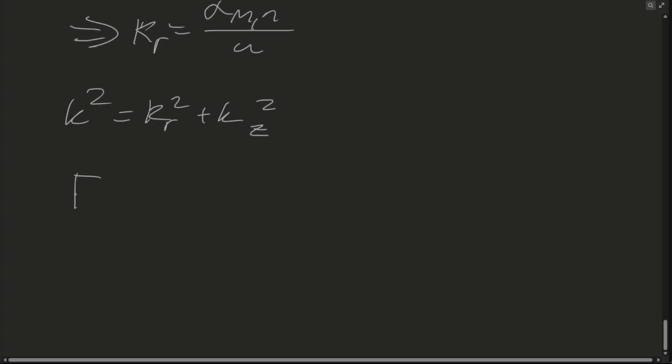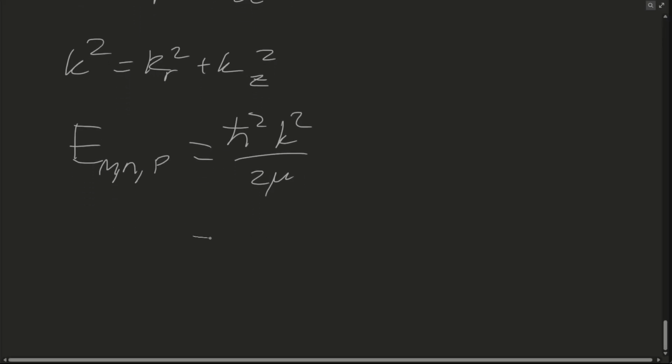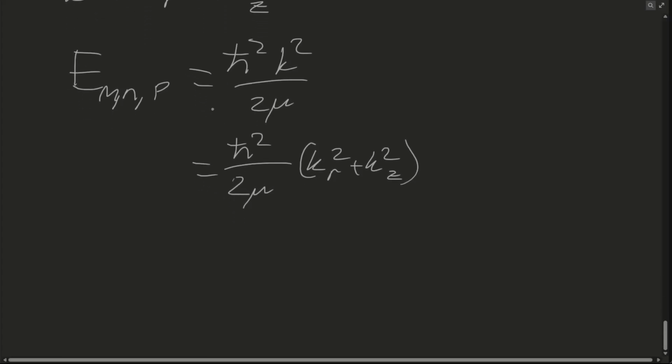We can say that E_mnp is equal to h bar squared k squared over 2 mu, which is h bar squared over 2 mu, got our original constants back, times k_r squared plus k_z squared.